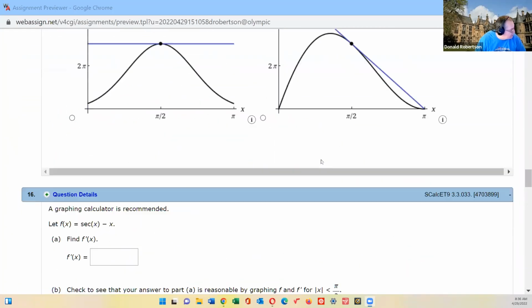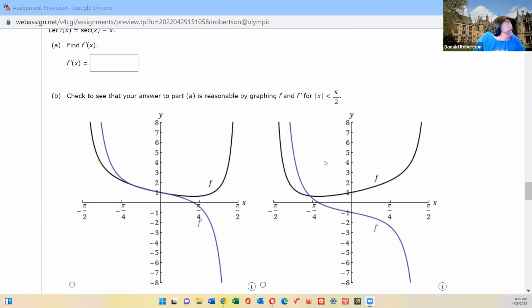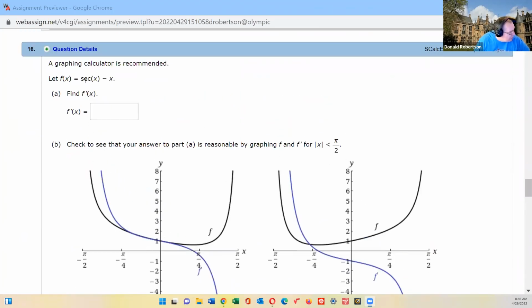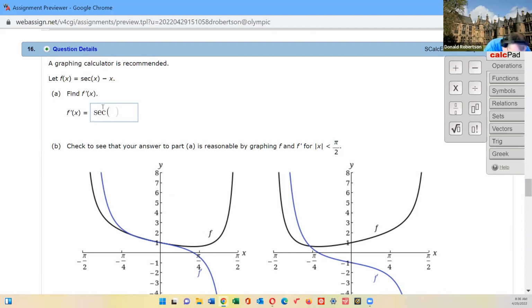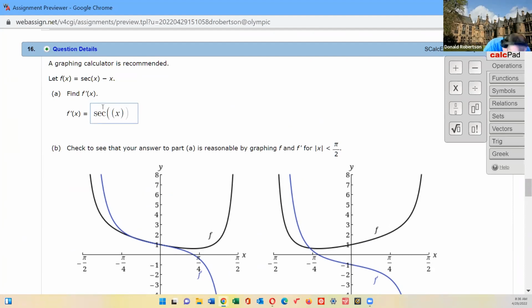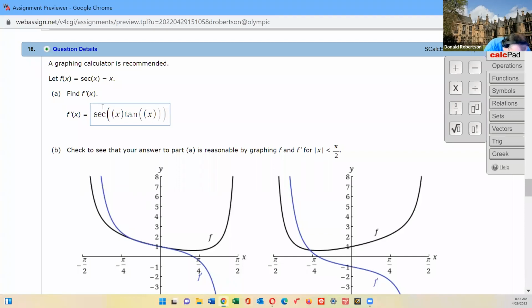Check that one. Now, the original function would be secant x take away x, and the derivative, which is the one we just found, was secant x tan x minus 1.